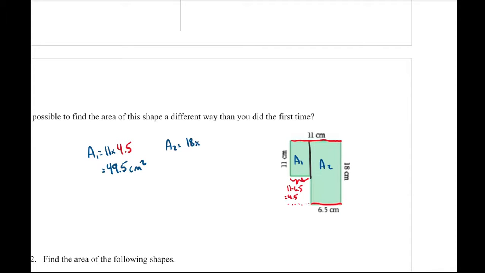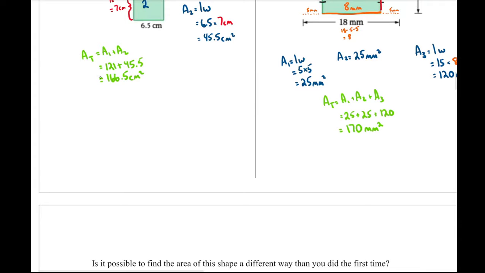So no calculations needed to figure out any additional sides. 6.5 times 18 is 117 centimeters squared. So the total area is 49.5 plus 117, which gives me 166.5 centimeters squared. And if we go back up, we can see that it's the same that we got before.